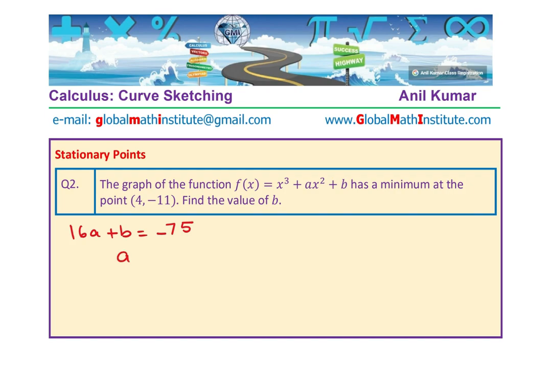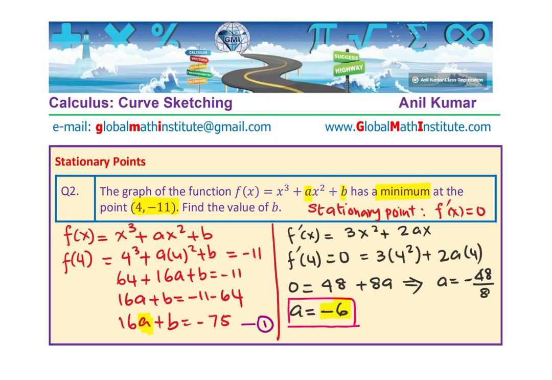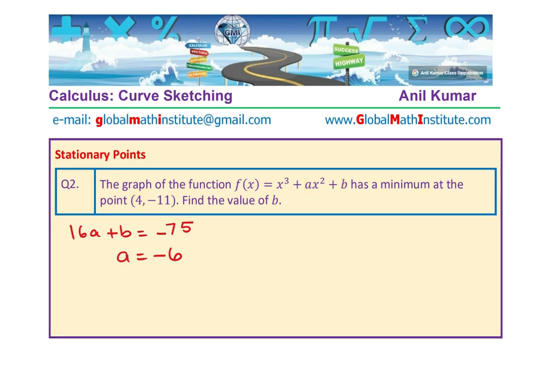When I substitute minus 6 here, 16 times minus 6 plus b is equal to minus 75, right?